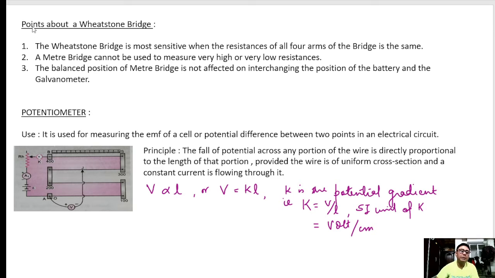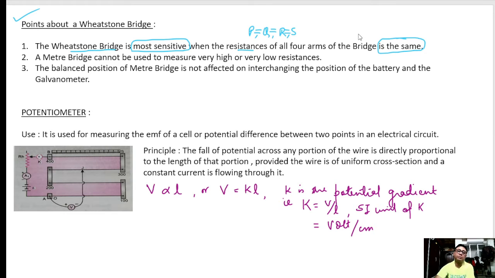Next, please remember certain very, very important points on which questions are asked about a meter bridge. So the Wheatstone bridge is most sensitive when the resistances of all 4 arms, that means P, Q, R and S, are the same.